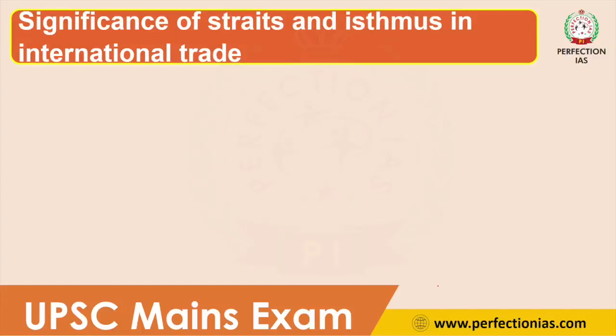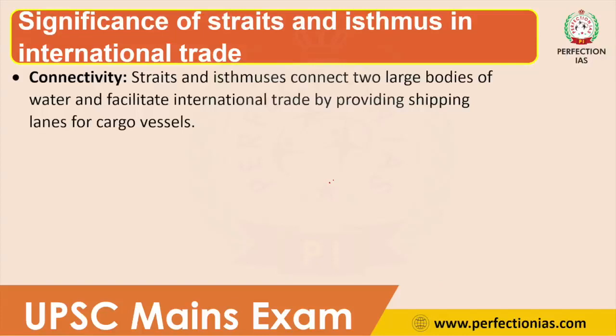The first and foremost significance is connectivity. Strait and isthmus connect two larger bodies of water and facilitate international trade by providing shipping lanes for cargo vessels.